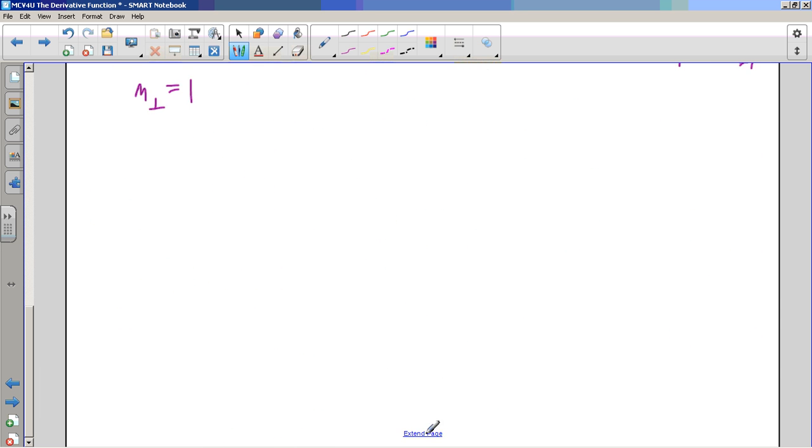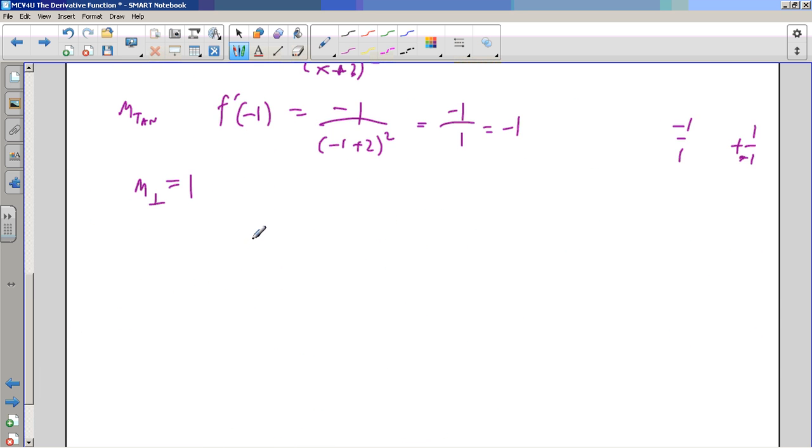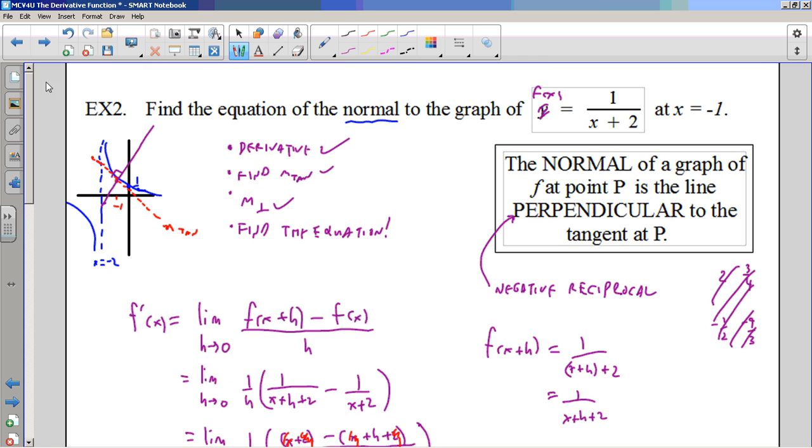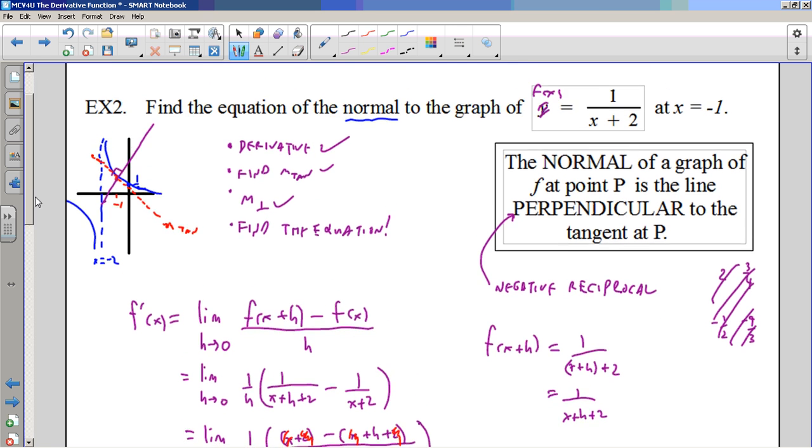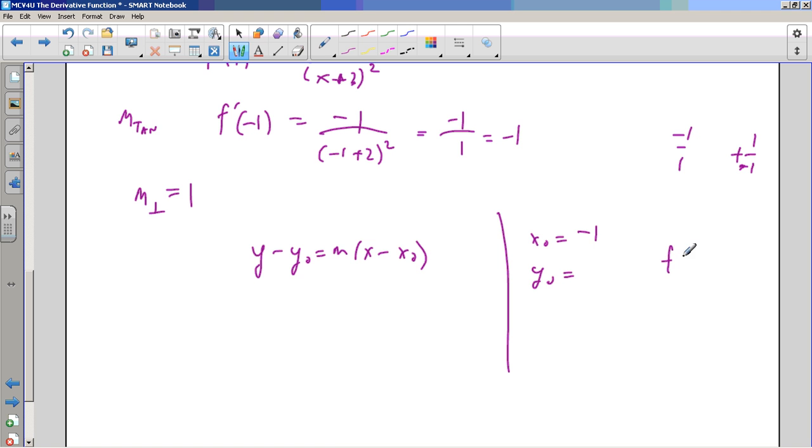Now find the equation. So the equation, we're going to use our slope point form because we like that one. We have x naught is negative 1. What's y naught? Well, I actually have to calculate it, don't I? I have to put minus 1 in there. And I get f at minus 1. Have I done this yet? I don't think so. It's 1.